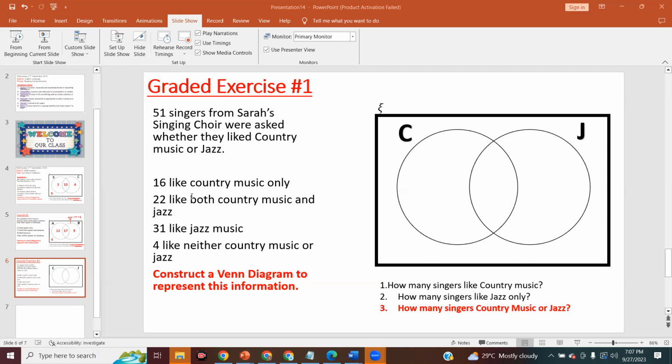Dante, what number are you on? I'm on number 1. Okay. Jeremiah, what number are you on? Number 3. Natalia, what number are you on? I'm drawing my table. Okay.